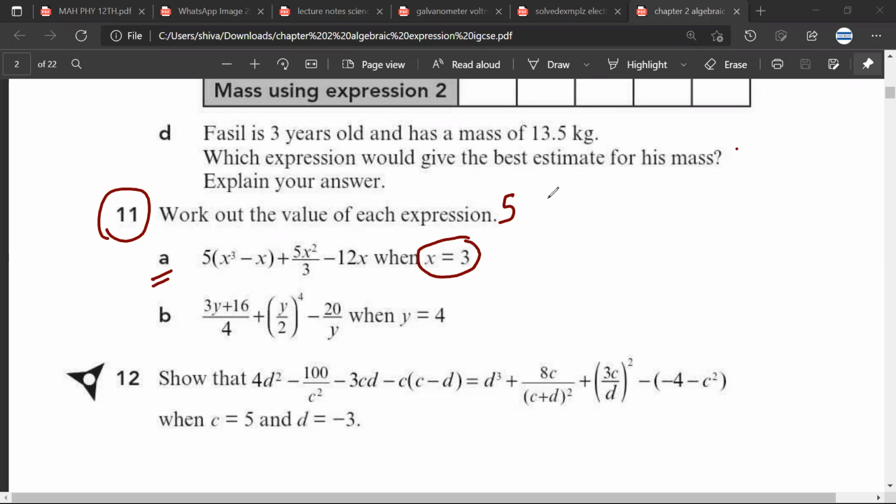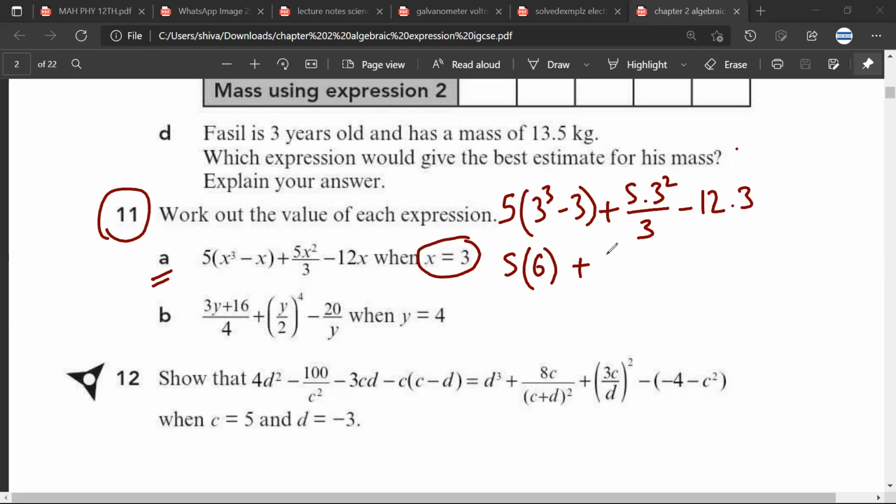So then we'll get 5 into (3 cube minus 3) plus 5 into 3 square divided by 3 minus 12 into 3, which equals 5 into (27 minus 3) plus 45 upon 3 minus 36, which equals 5 into 24 plus 15 minus 36, which equals 120 plus 15 minus 36, which equals 135 minus 36, which equals 99.